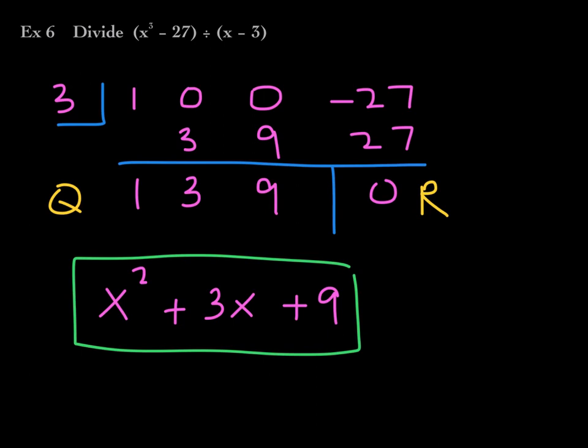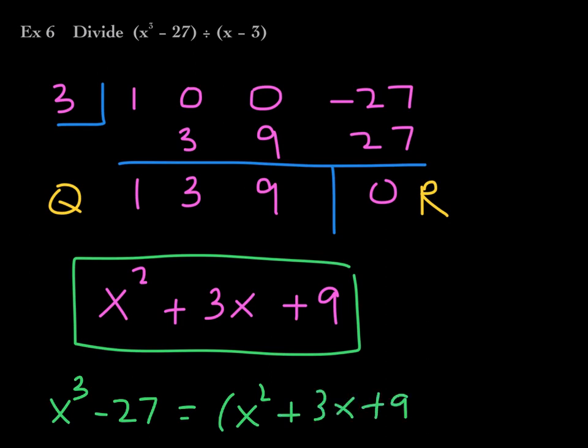We just figured out that x cubed minus 27, that's the dividend, is equal to x squared plus 3x plus 9 times x minus 3. This is the dividend, this is the quotient times the divisor. We just used synthetic division to factor this polynomial.